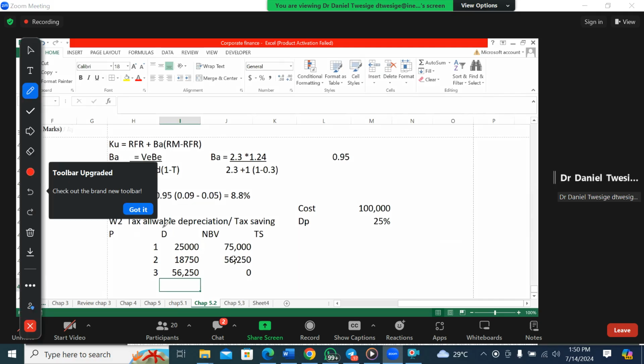Because in the question, they told us that the scrap value at the end of this is 0. But then they told us to recognize the balancing allowance at the end. So what would be the balancing allowance? It is going to be this value at the end of year 2.